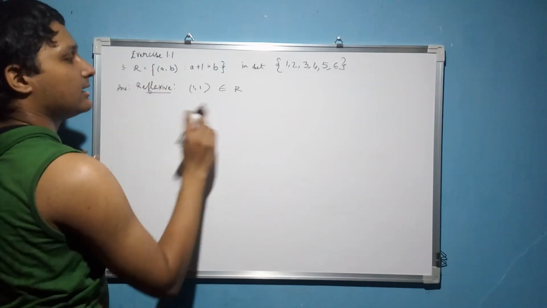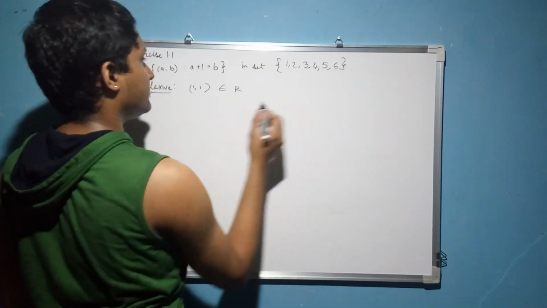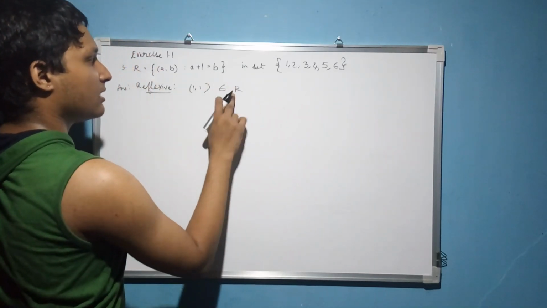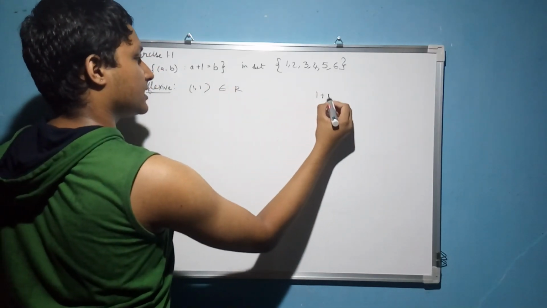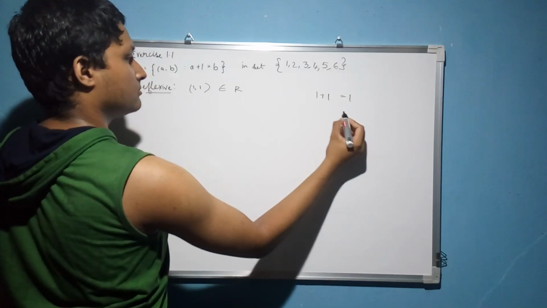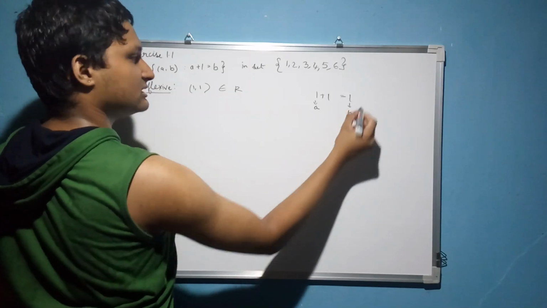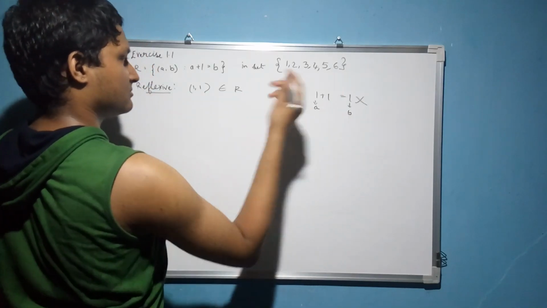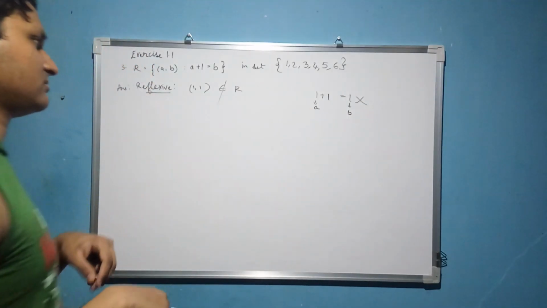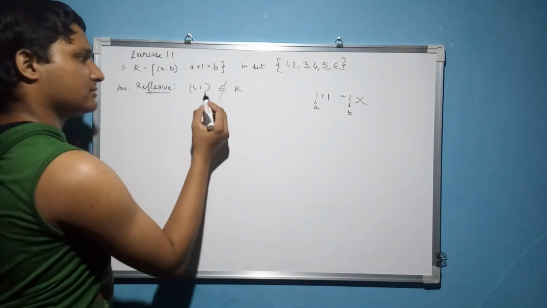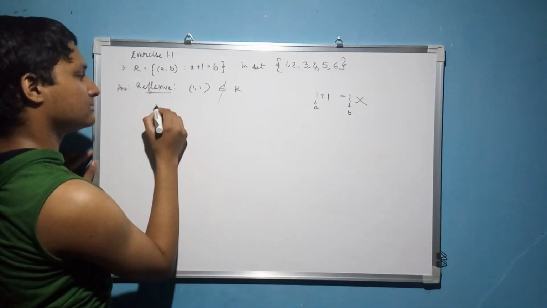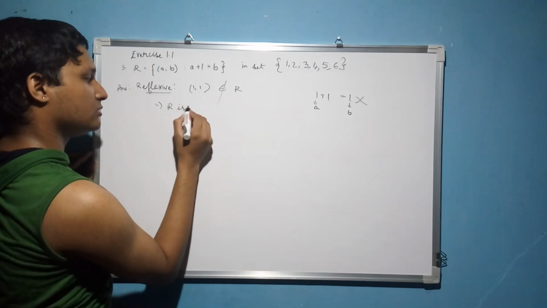It is R. So let me check whether (1, 1) belongs to R. 1 plus 1 is equal to 1. This is a and this is b. This is a meaningless relation. That means R is not reflexive.